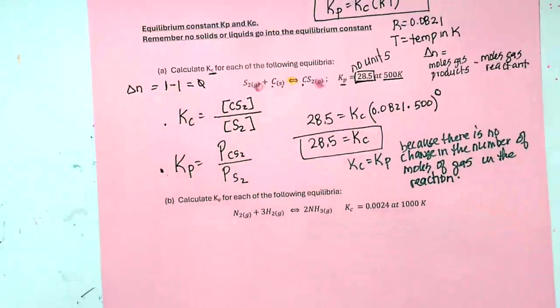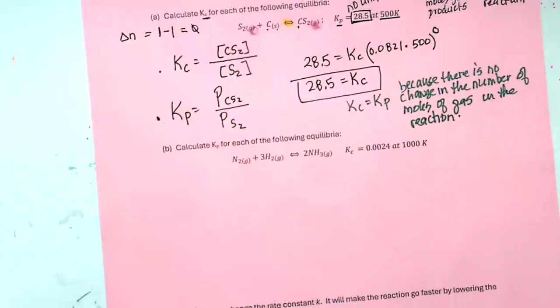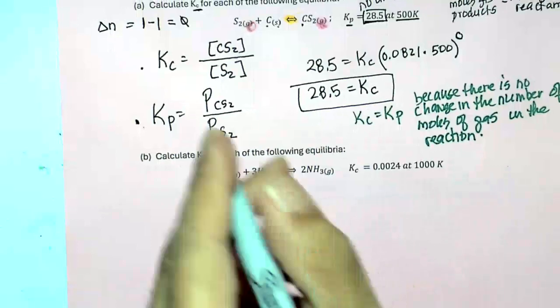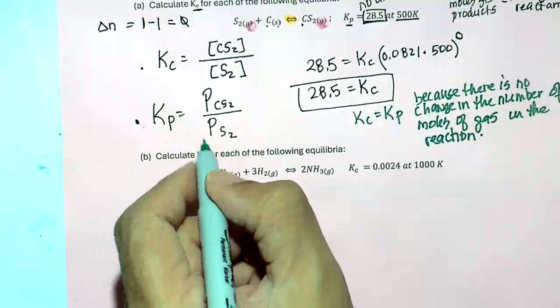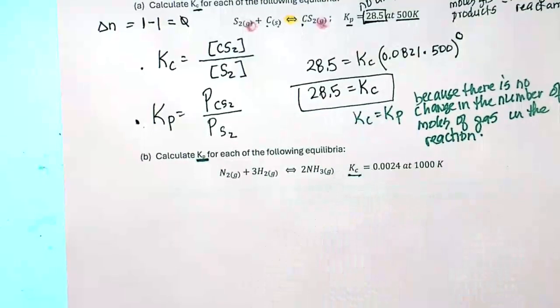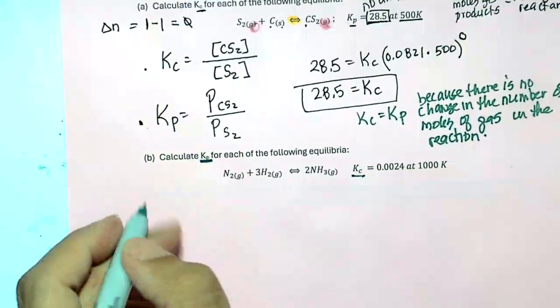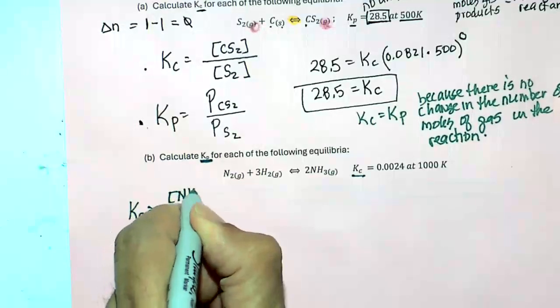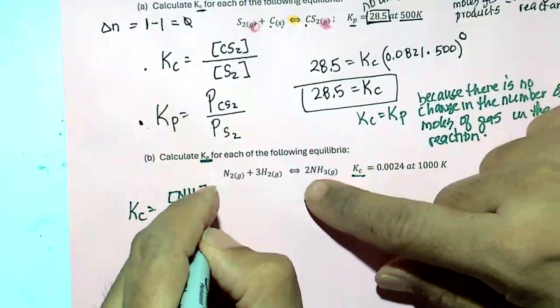All right, let's look at this one here. This time we will do Kp. We got a Kc. So what is Kc? It's the concentration of NH3.